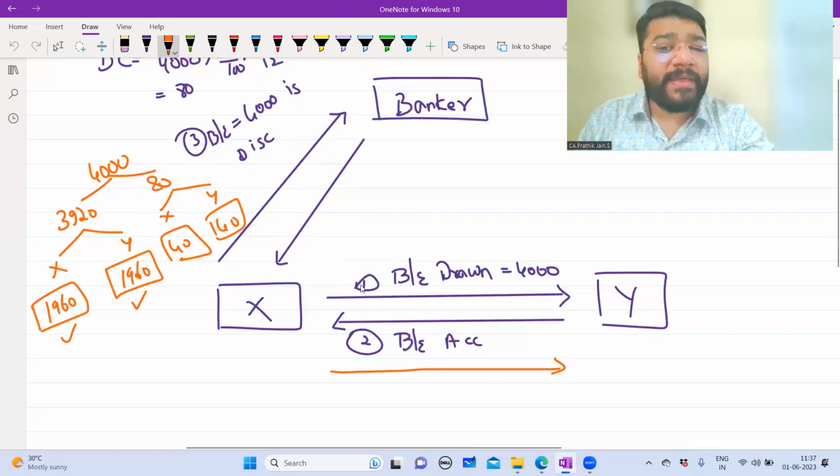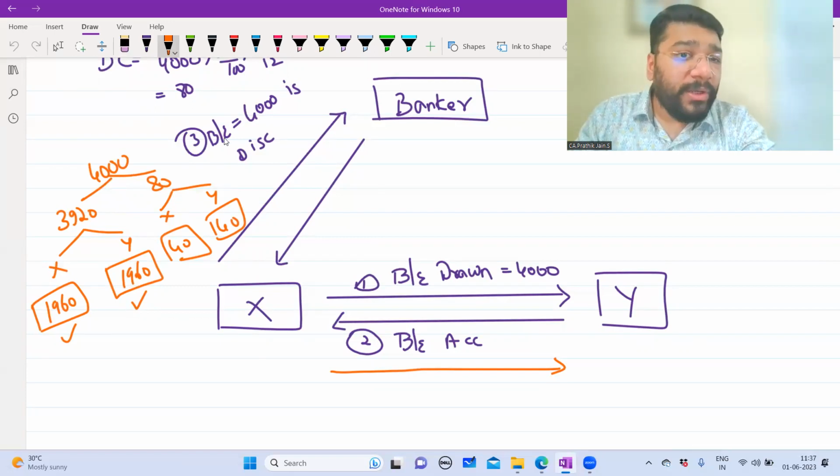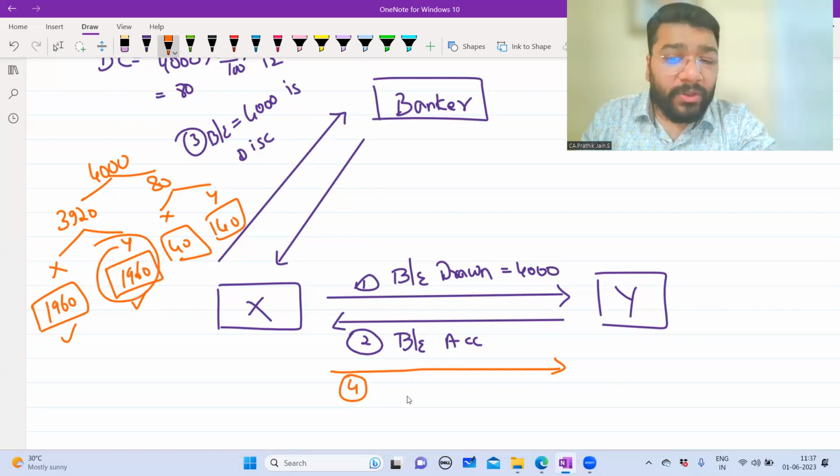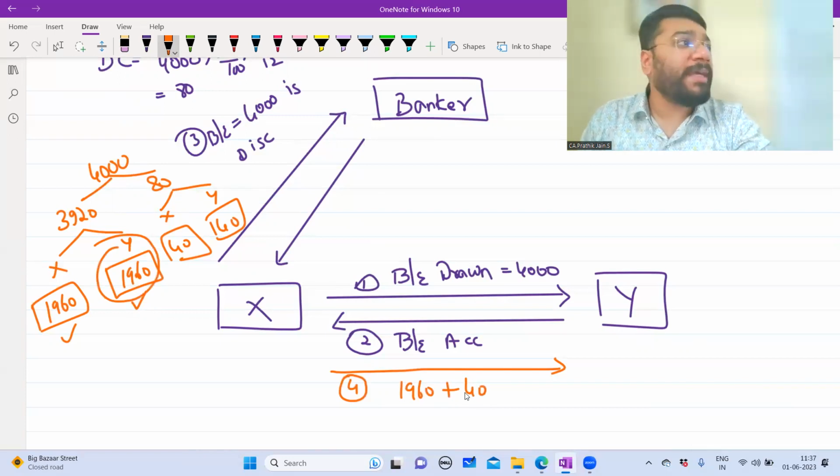First is bill of exchange drawn. Second is bill of exchange accepted. Third is bill of exchange discounted. Whatever money is got, the fourth step: 1960, X will give to Y. So X is giving 1960 to Y. Along with that, 40 rupees discounting charges also Y has to bear.